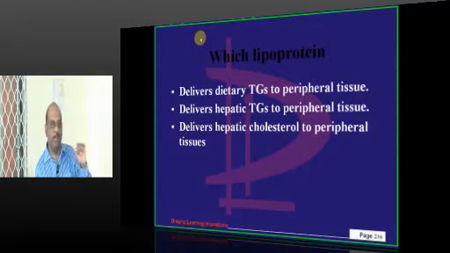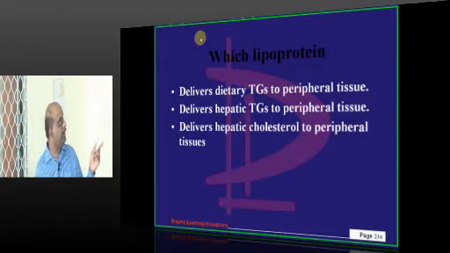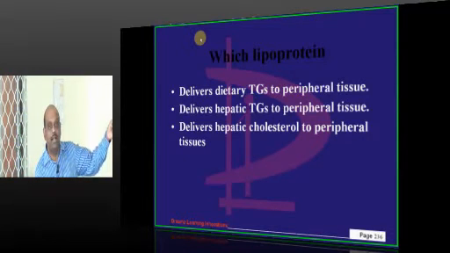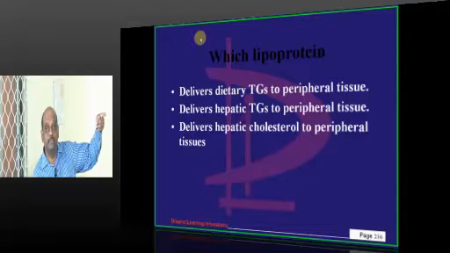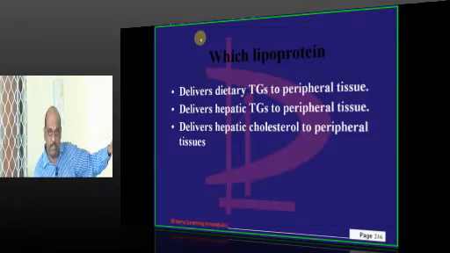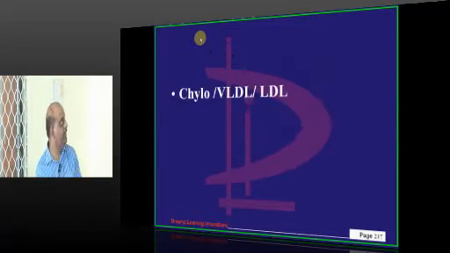Chylomicrons, very good. We also get the same answer from our online students. Then which delivers endogenous triglycerides to peripheral tissue? VLDL, very good. Hepatic cholesterol to peripheral tissues? LDL, that's good. That is the same answer by everyone.